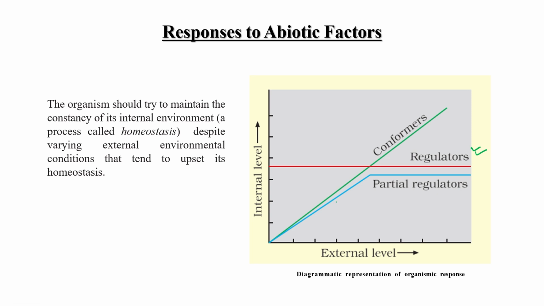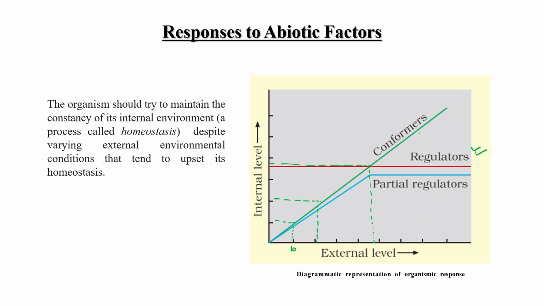This red line is for the regulators, and all the birds and mammals come under this category. Okay, but some animals come under conformers. Means if the temperature outside is 10, 20, 30, 40, 50, as the temperature rises, internal body temperature rises. Again temperature rises, again internal body temperature rises. If the outside temperature is very high, then their internal body temperature also gets very high.